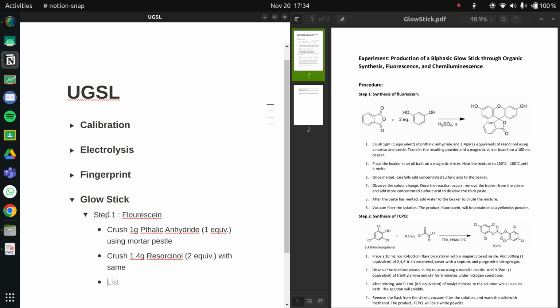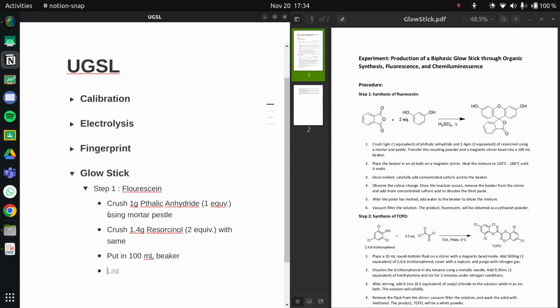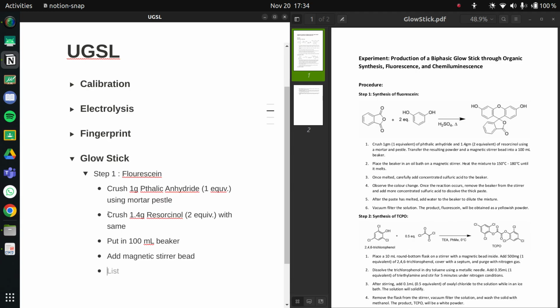Then transfer the resulting powder and a magnetic stirrer bead into a 100 ml beaker. So put in a 100 ml beaker with a magnetic stirrer bead. Add magnetic stir bead. Then hot oil bath.